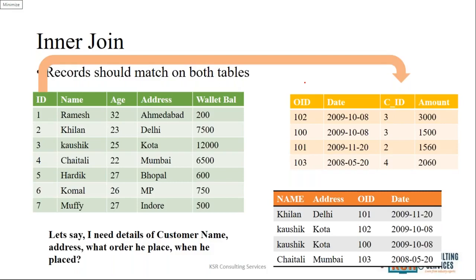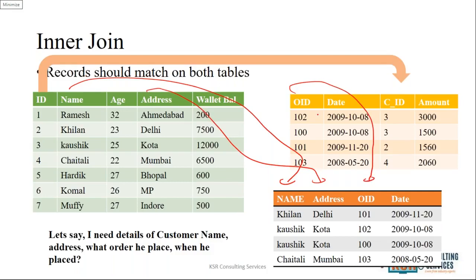As per the table, you join two pieces of information. This name is coming from this table, address is coming from this table, order ID is coming from this table, order date is coming from this table. I was able to achieve my requirement. But my second requirement, I am not able to answer: which customers purchased or which customers did not purchase.